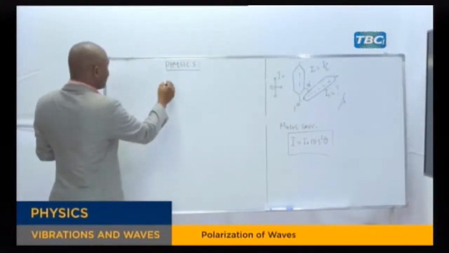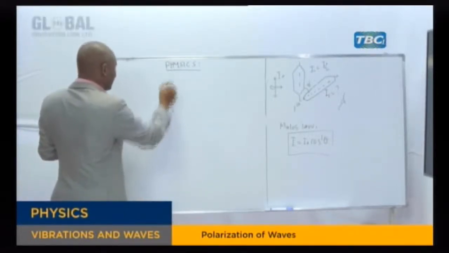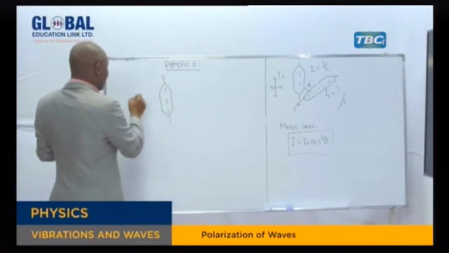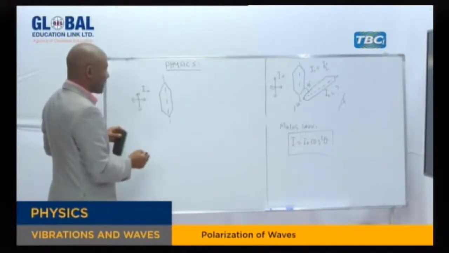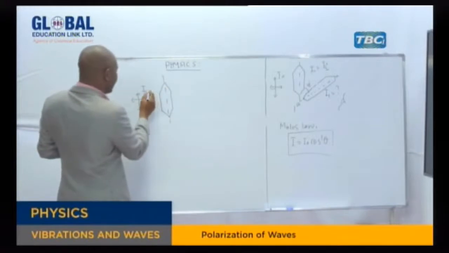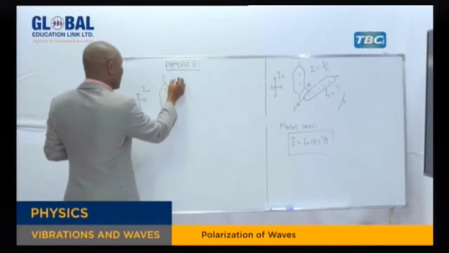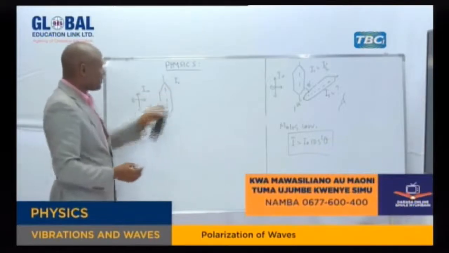The law says that if you have two polarizers, that is the first polarizer, this is unpolarized light, whose intensity is I naught. And now from here, let's take this is our I1, the light which is transmitted from this.